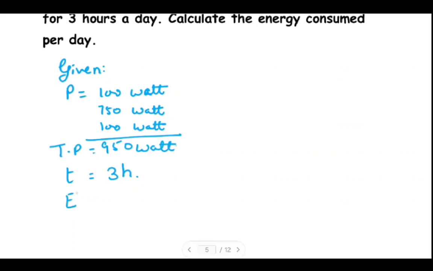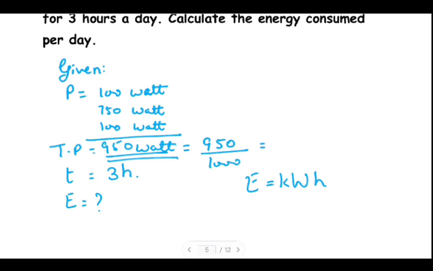Calculate the energy consumed. So now, what do we do? This is given in watts. I am going to divide this because we know energy consumption is in kilowatt hour. So 950 divided by 1000 is going to give me how much? Zeros cancel.